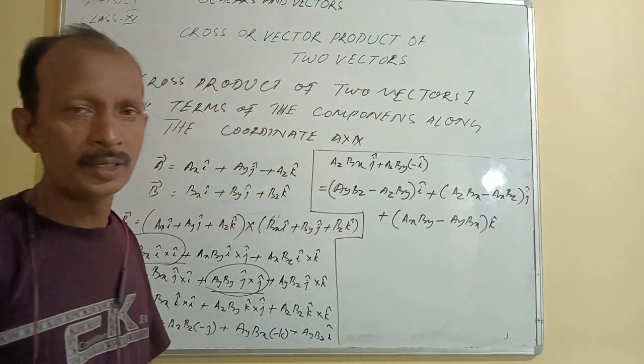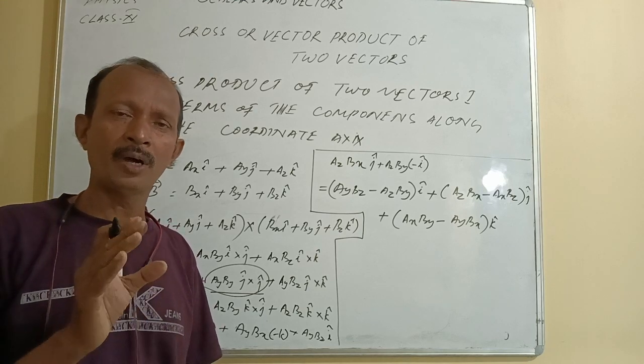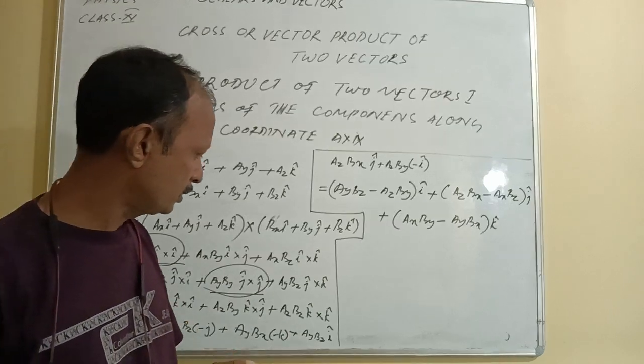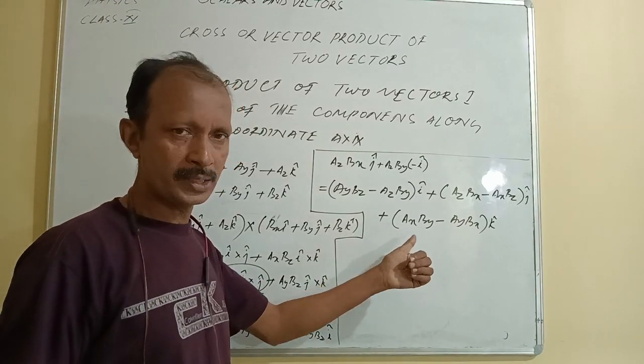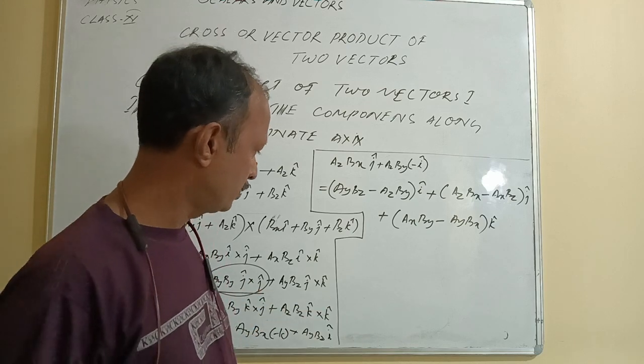So this is the expression of the cross product or vector product of two vectors in terms of the components along the x-axis, y-axis and z-axis.